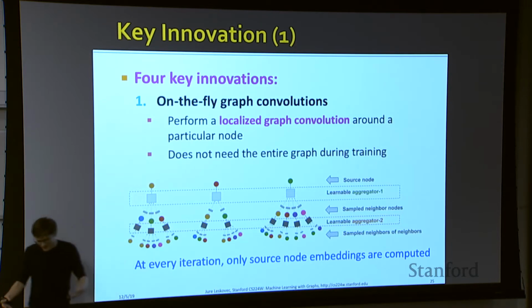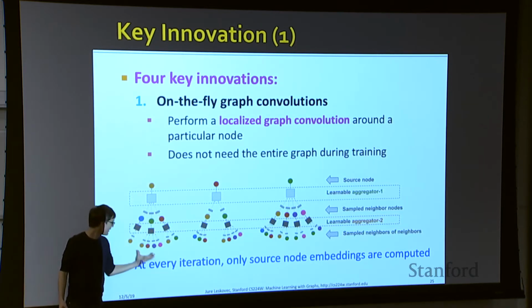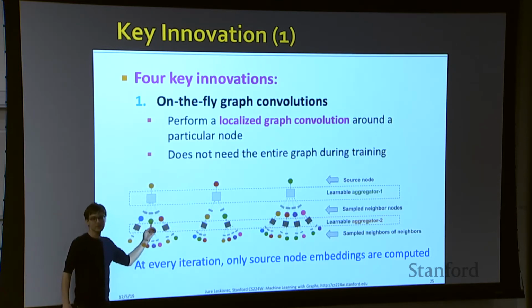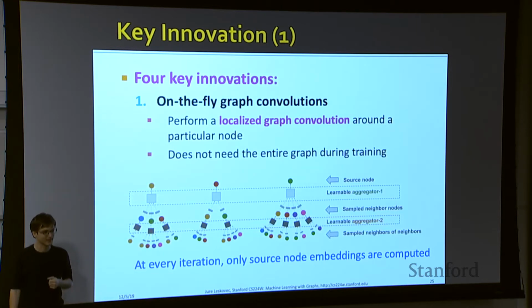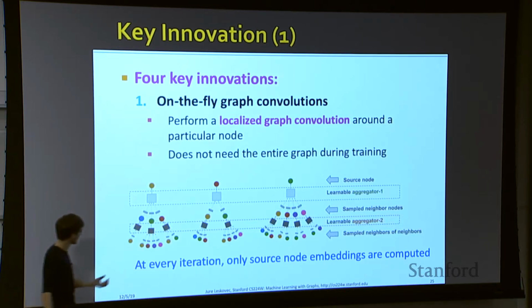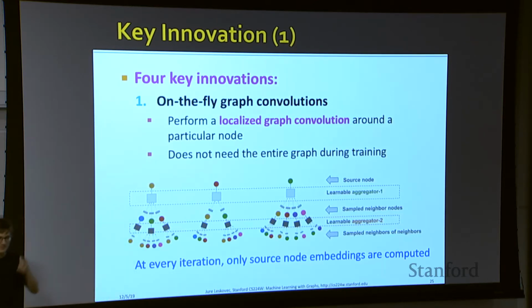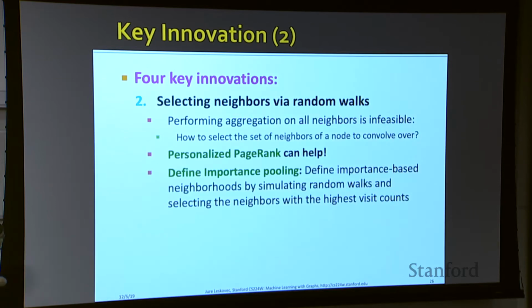So the point is, if you have a high degree node, then you are aggregating from super many other pins that share the board with that pin. And you don't want to be doing that. What's an equivalent of Lady Gaga on Pinterest? Maybe some chicken recipe or whatever. But the point is, we don't want to do that. So what do we want to do?